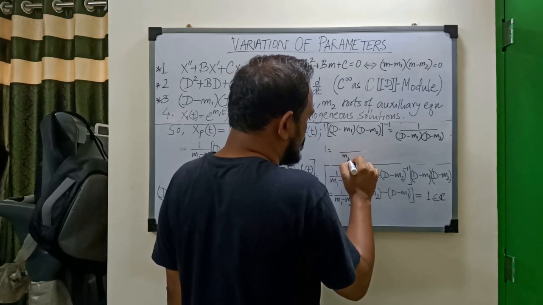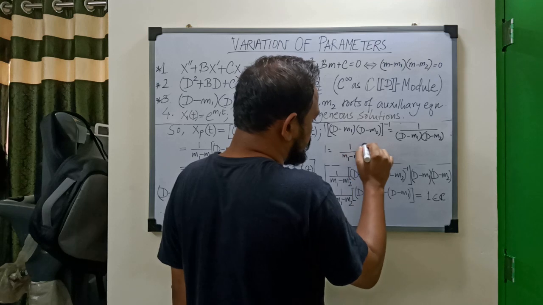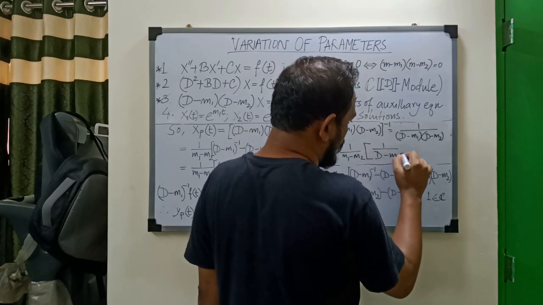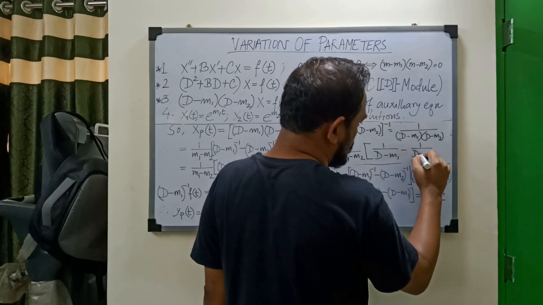It's 1 over m1 minus m2 times 1 over d minus m1 minus 1 over d minus m2.